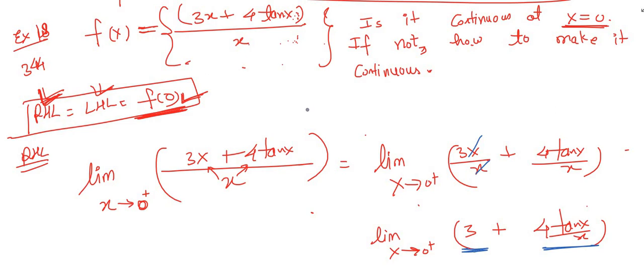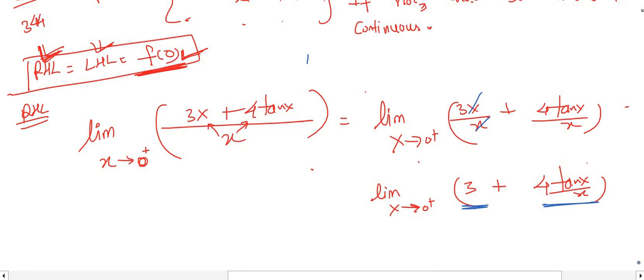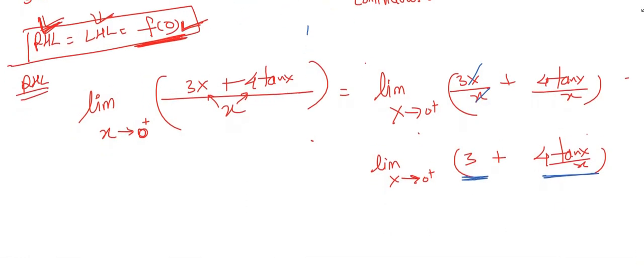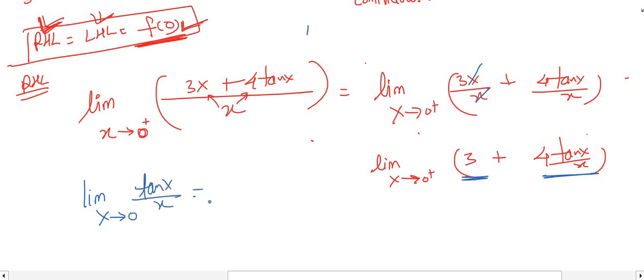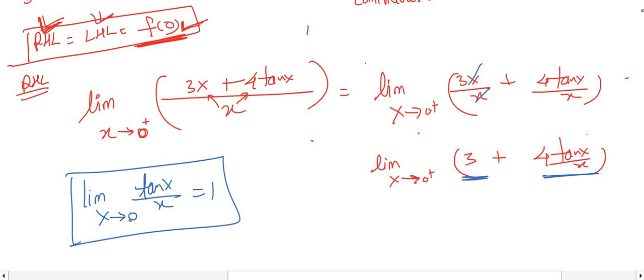Now what will be the value of this limit? Let's calculate. There is a formula, write down: limit x tending to 0, tan x by x is 1. This is a formula. Limit value of tan x by x is 1.